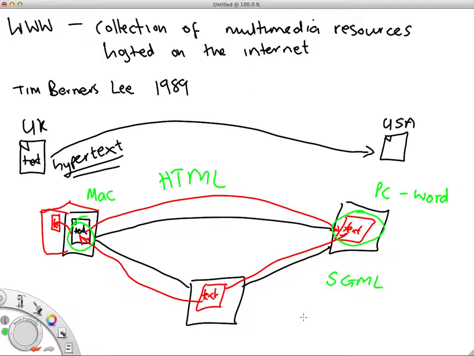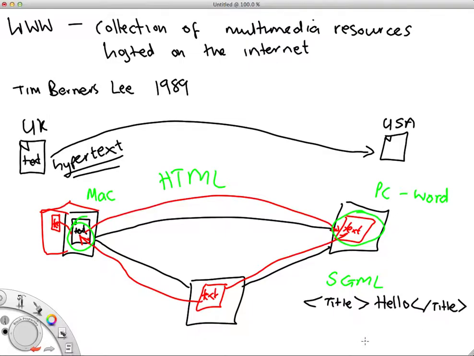And this standard would use very simple terms, so if I wanted to create a title in a document, I would use title, and I would then put my title. So my title would say hello, and then I would close this title like that.